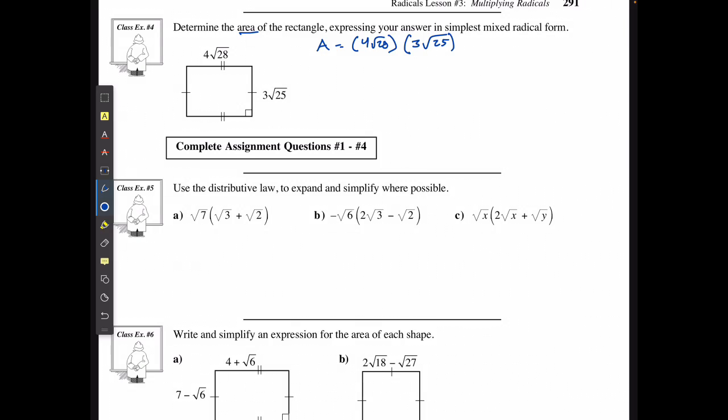The 28, I'm going to simplify into 2 and 14, and 2 and 7. I have my pair of 2's, I have a 7 that's left on its own, and I still had a 4 on the outside, which means that this would be the same as 4 times 2 times the square root of 7.